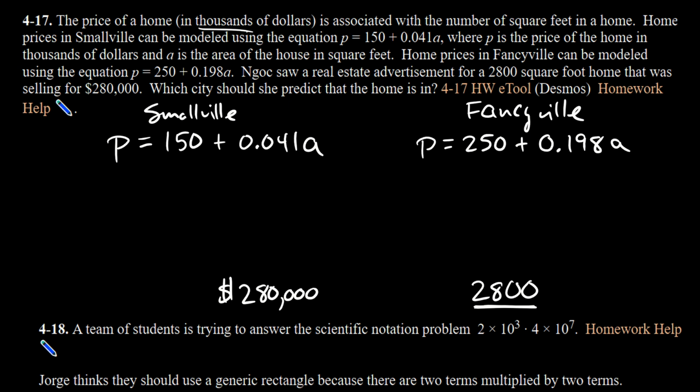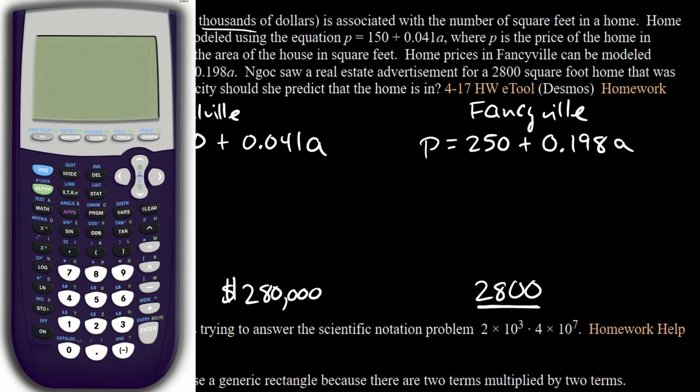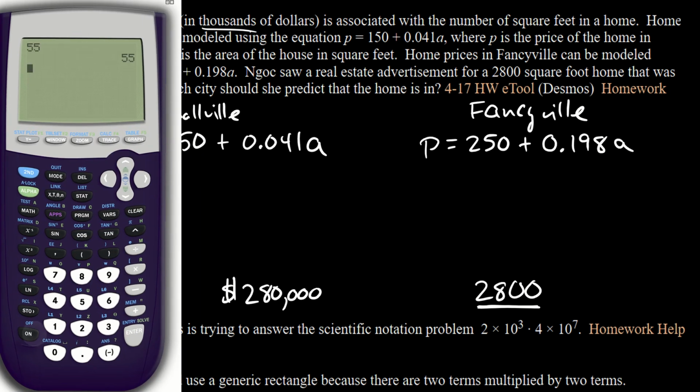Fancyville. All right, so let's go ahead and plug these numbers in. So I'll just grab a calculator real quickly here. And for the Smallville, I'm going to take 150 plus, let's see, I've got 0.041 times 2,800.